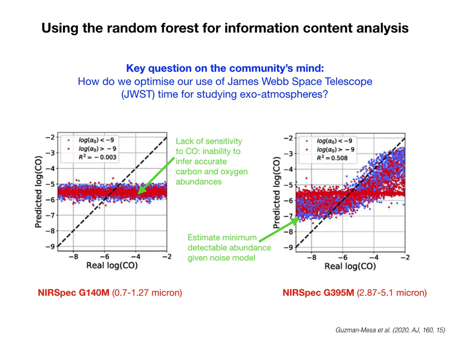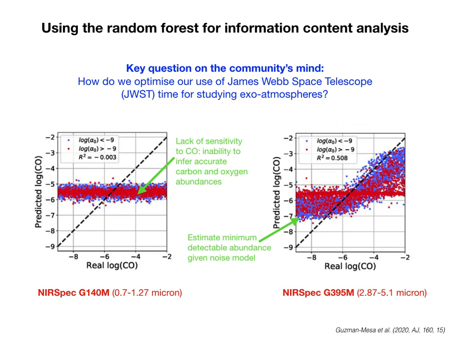So in this plot, each point entry is a so-called mock retrieval. So we are retrieving on a spectrum for which we created, so we know what the correct answer is. And so we compare the real answer of, in this case, the abundance of carbon monoxide with the predicted answer, and we see how well we do.